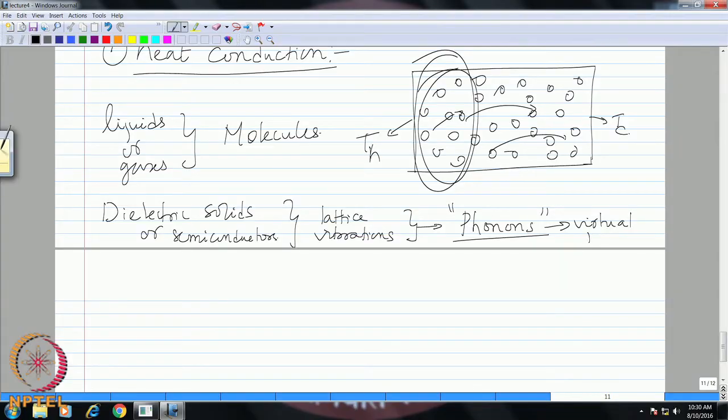Okay. These are virtual particles, that means they are massless, and you cannot really dig into a crystal structure and look for a phonon somewhere. They are just our imagination. Really there is only a lattice vibration, but we associate them with phonons, just like photons.